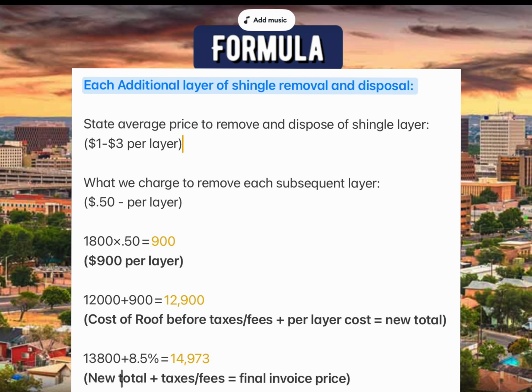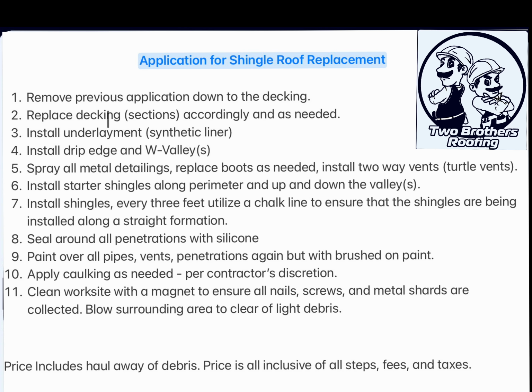You then take that $13,800 and add 8.5% for taxes and fees, bringing us to a new total of $14,973. And that pretty much sums up the whole process for generating a price with Two Brothers Roofing for an asphalt shingle application.